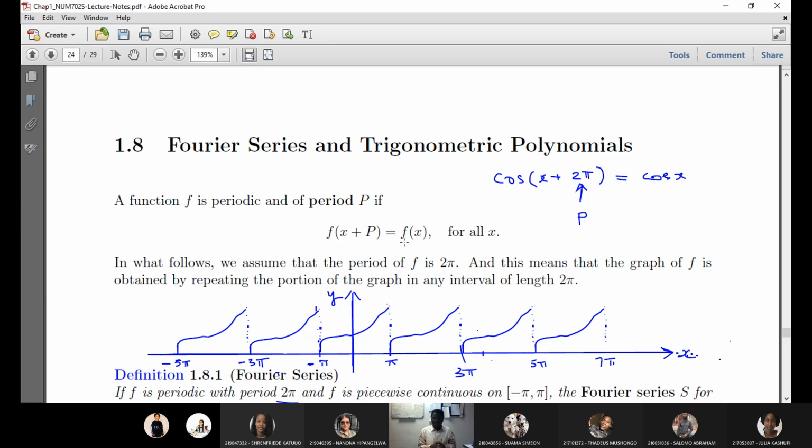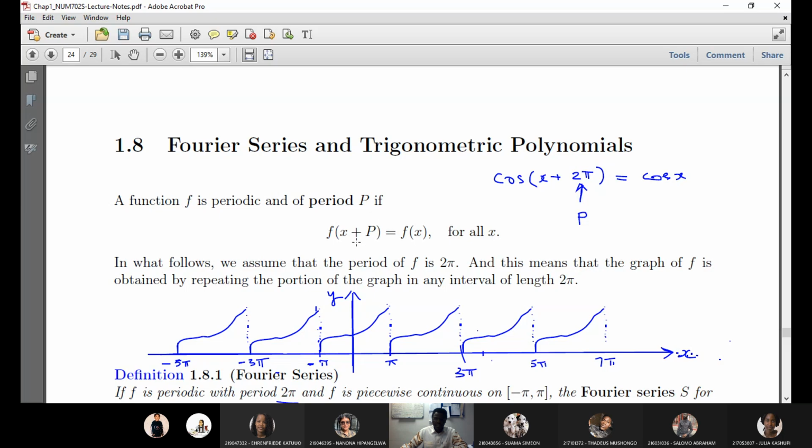Okay, now mathematically, this is how we define a periodic function. A function f is periodic of period P if f of x plus P is equal to f of x for any x.